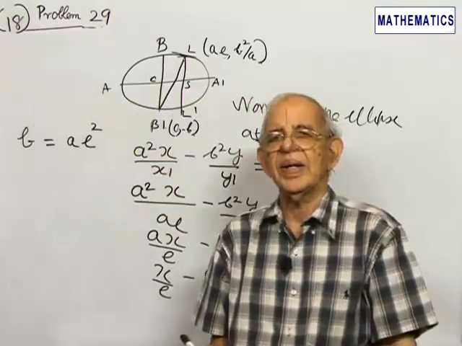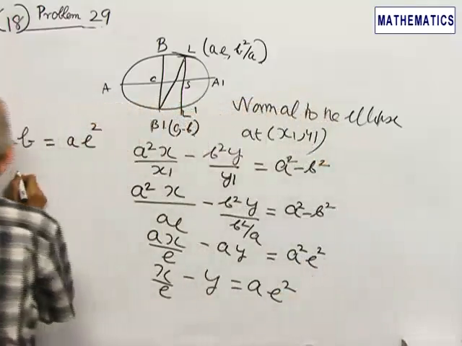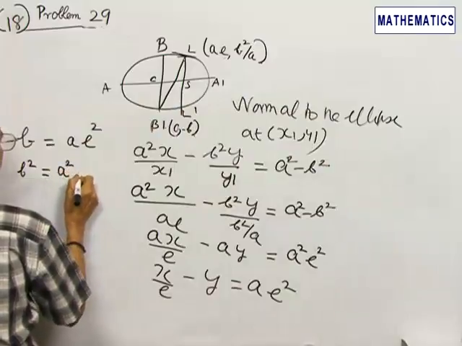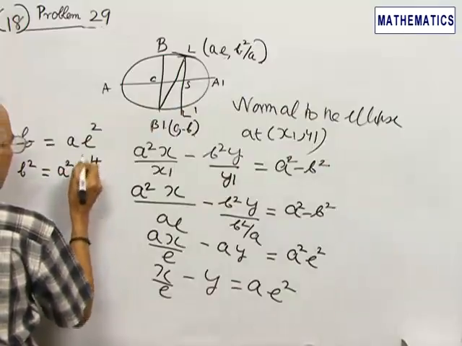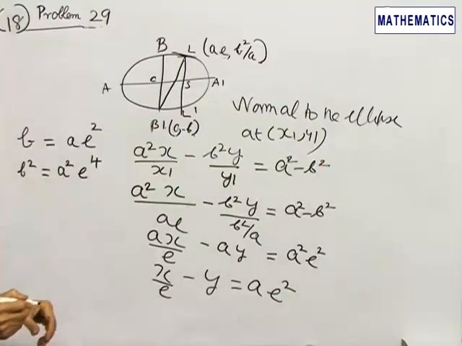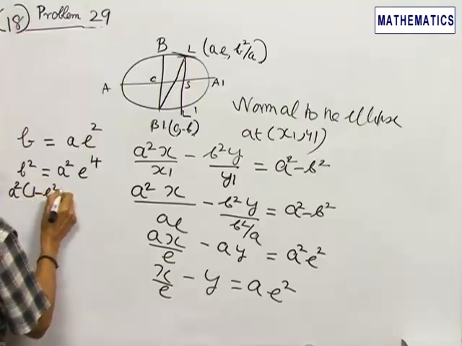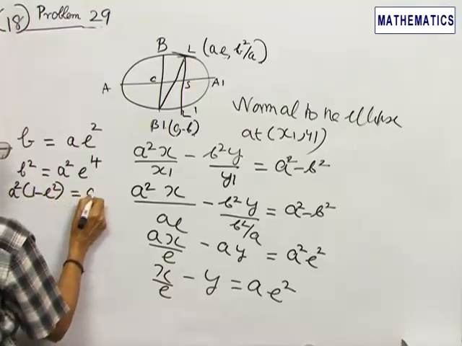Square both sides. b squared is equal to a squared into e power 4. But you know, b squared is a squared into 1 minus e squared.